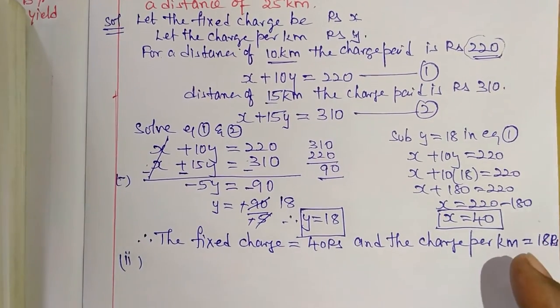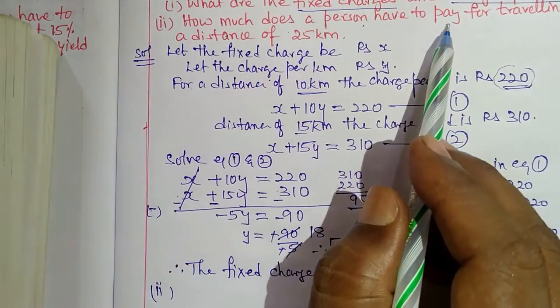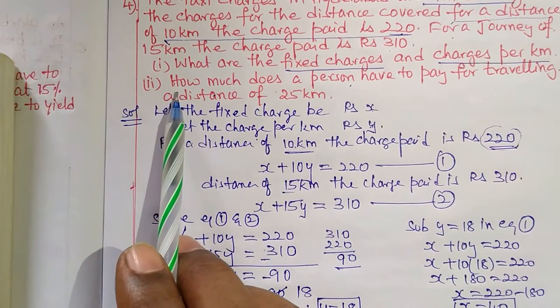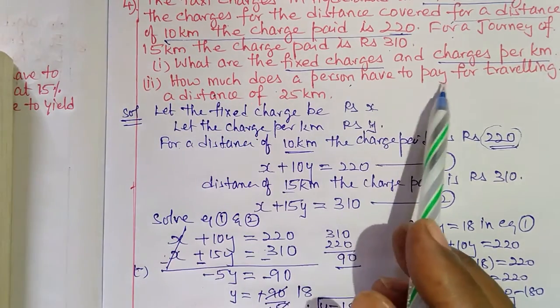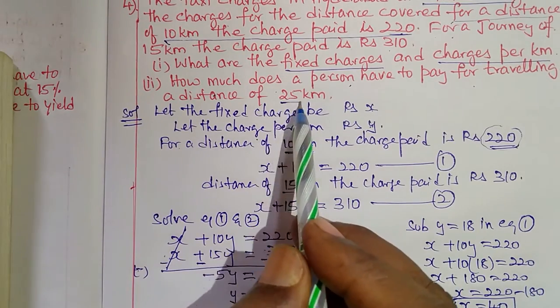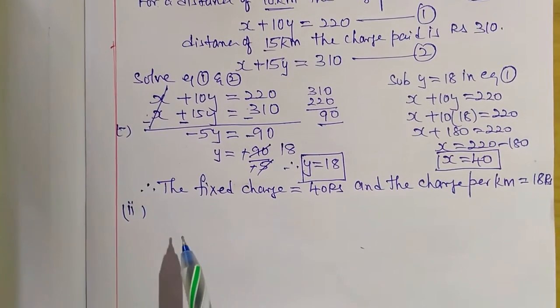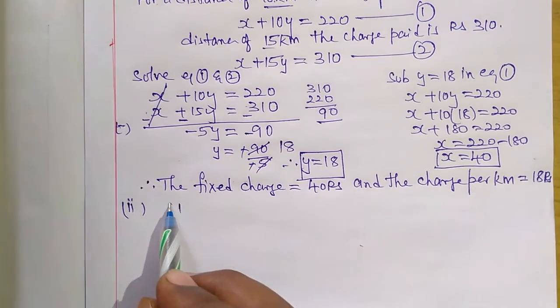How much does a person have to pay for traveling a distance of 25 kilometers? That is the second part of the question.